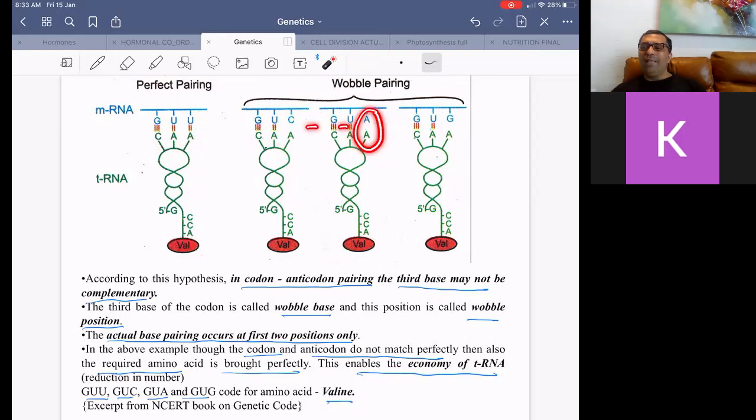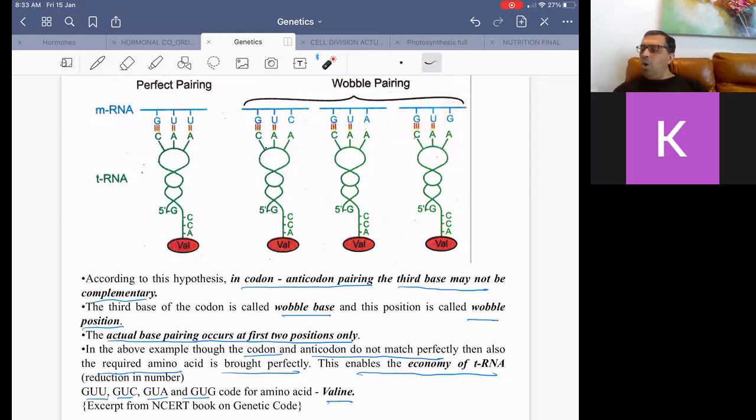A cannot pair with A. No problem. चलता है. And then say CCC comes, and it brings proline. And then GUG comes. Same tRNA CAA comes. Can G pair with C? Yes. U pair with A? Yes. Can G pair with A? No. चलता है.